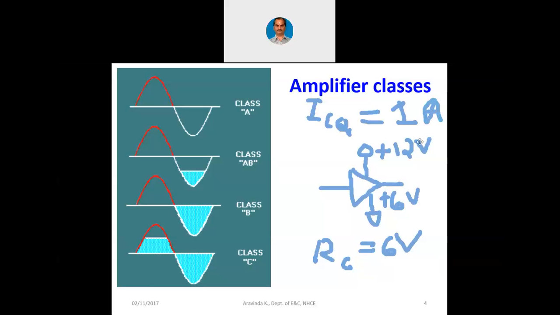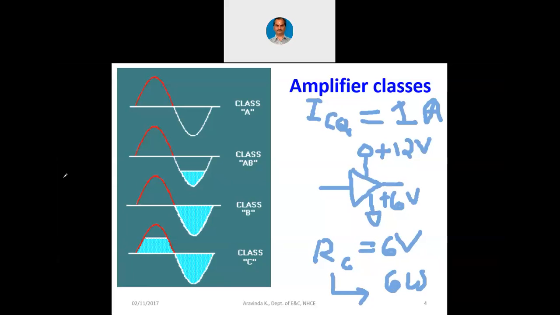If the quiescent current of the transistor is 1 ampere, because now we are dealing with power amplifiers which will work with watts, then for the same collector resistance, 1 ampere into 6 volts is 6 watts. 6 watts of power is being wasted in the quiescent conditions, when the signal is absent also.